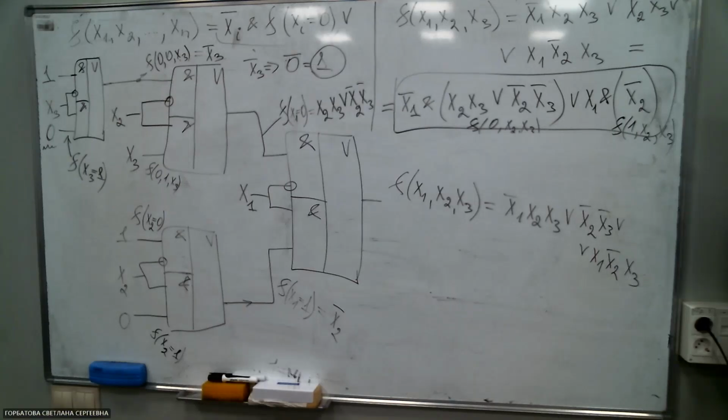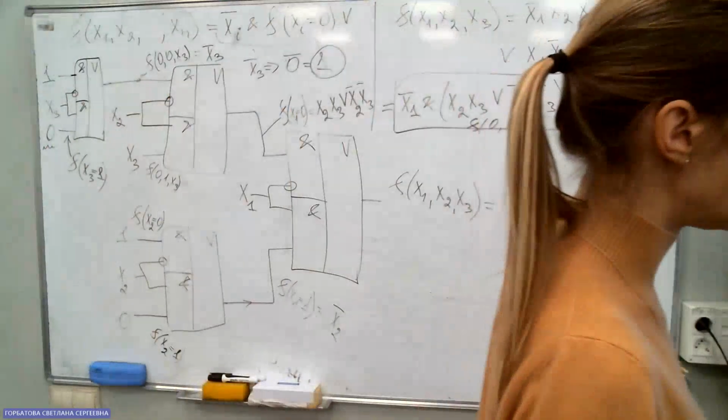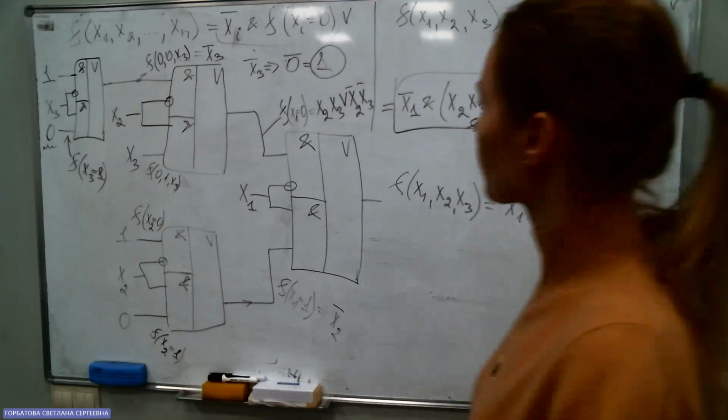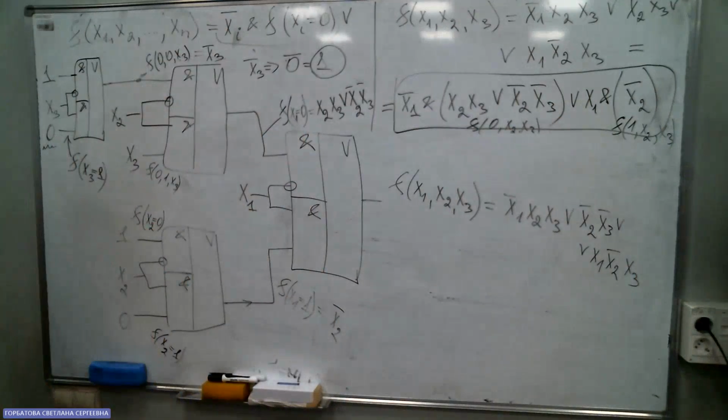Questions? Are there some situations whereby we might have a different structure of a diagram? For example, at x1, the very first block, where we have not x1 and x1.